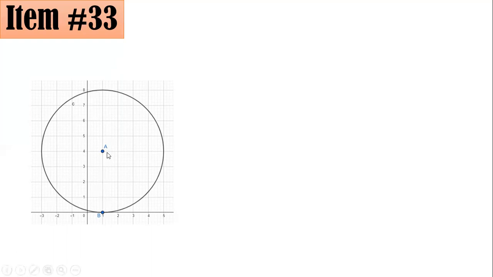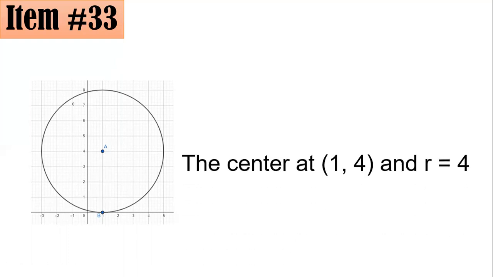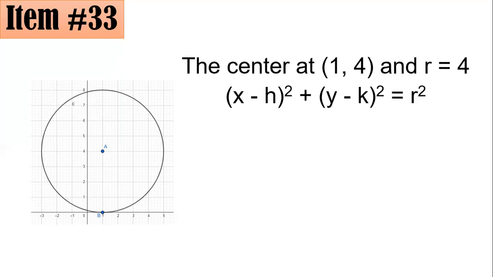This tells us that we have 1, 2, 3, 4, so 4 units as our radius, with center at (1, 4). We can now substitute it to the standard form, or the center-radius form of the circle, which is x minus h quantity squared plus y minus k quantity squared equals r squared.